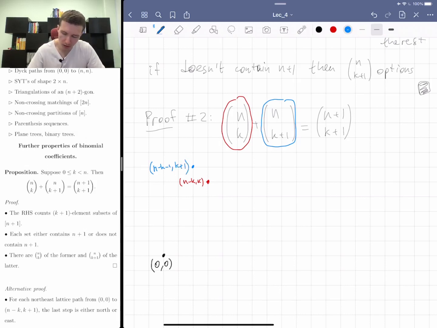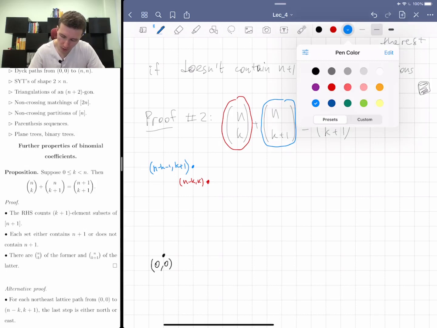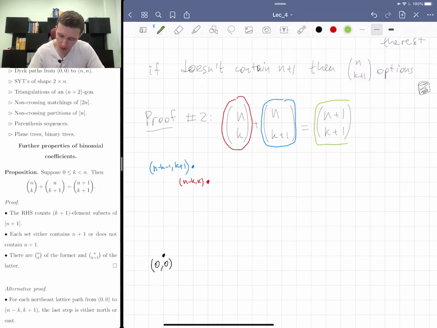And finally, let me choose another color, green, for n plus 1 choose k plus 1. The horizontal coordinate is n minus k, and the vertical is k plus 1, so it's the point over here: n minus k, comma k plus 1.